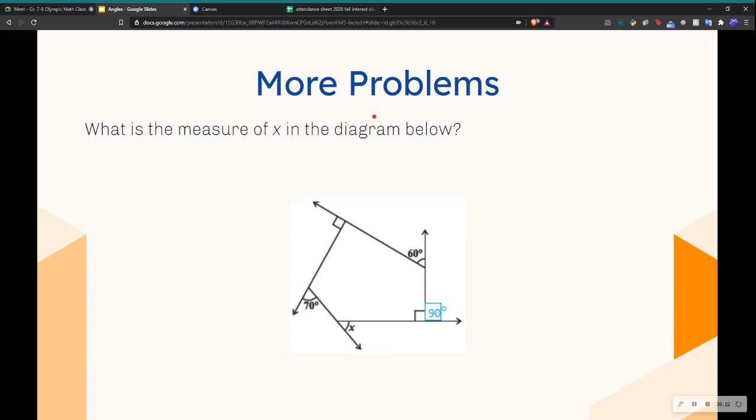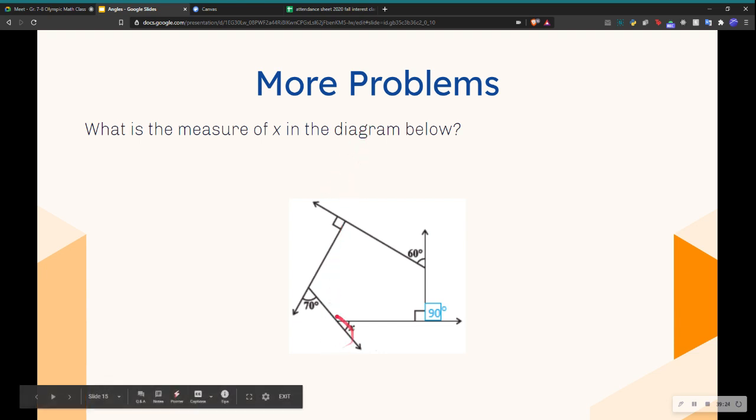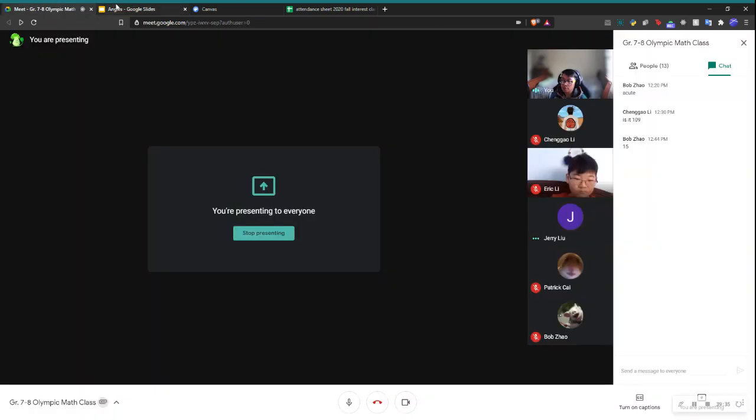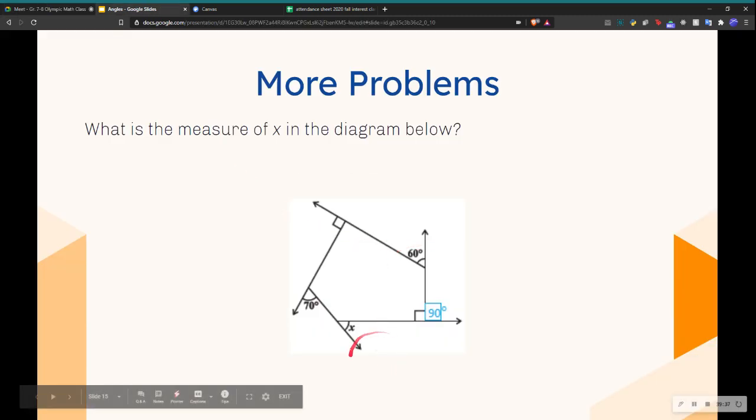Over here. What's the measure of angle x in the diagram below? Right here. So it's a question. Give you guys a couple minutes to think about it. So this angle x.